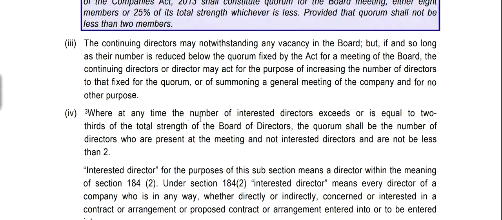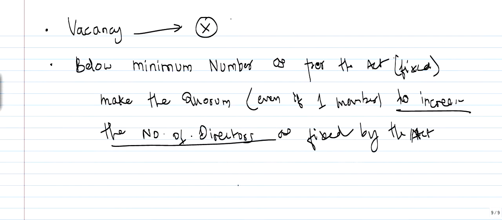Where at any time the number of interested directors exceeds or is equal to 2/3 of the total strength of the board of directors, the quorum shall be the number of directors who are present at the meeting and not interested, and they shall not be less than 2. True, not less than 2.